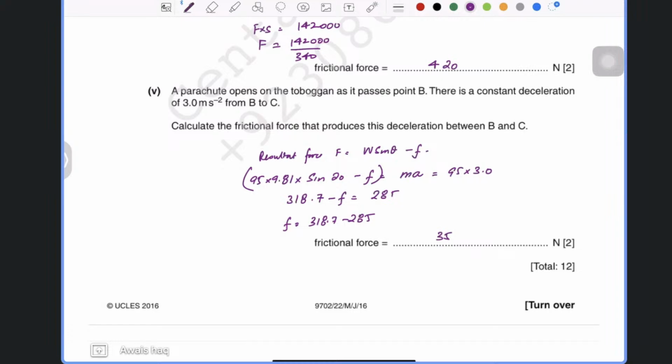Okay, now the next thing we're going to do is look at power. Power is very simple.